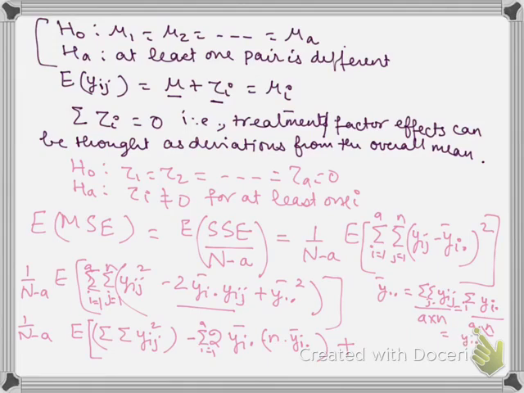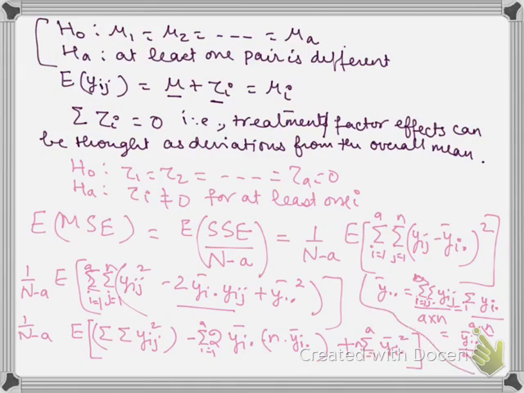So this is yi dot bar divided by a, with i running from 1 to a, and there is another i and j here, so that makes it the summation of n times yi dot bar squared, i goes from 1 to a.